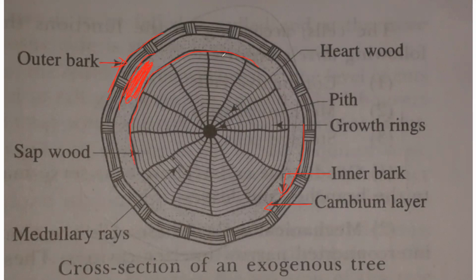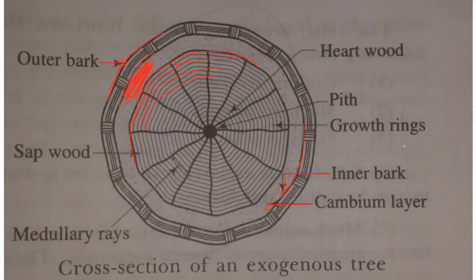Here you can see it is all round. It is not only one ring. As you go inside and inside, you will get the rings here. So these are all called growth rings.